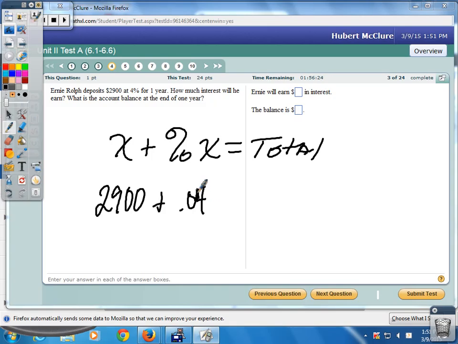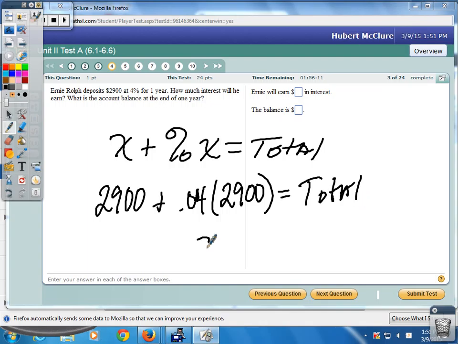It's just like taxes, isn't it? Pretty much. And somebody tell me what it comes out to be. You have to subtract this from this, and that's the interest. And then the total is 3,016.